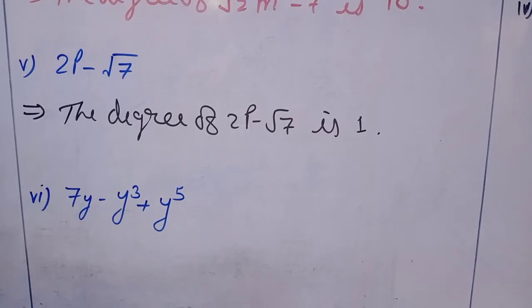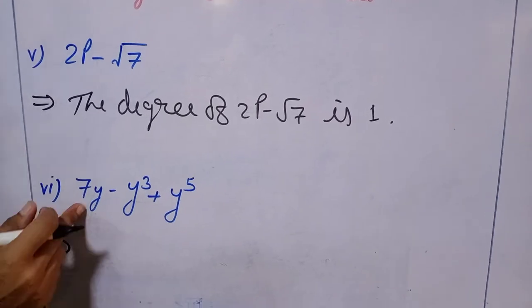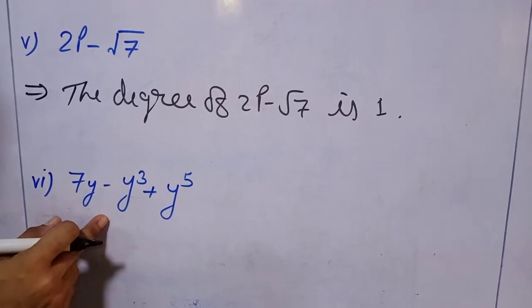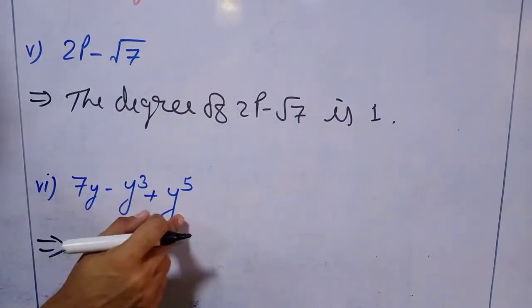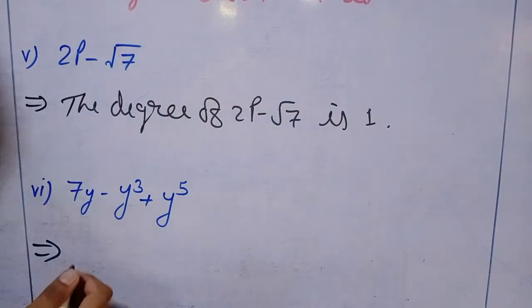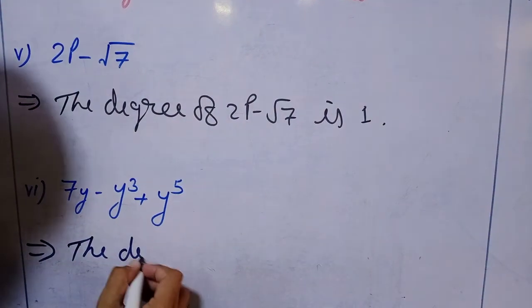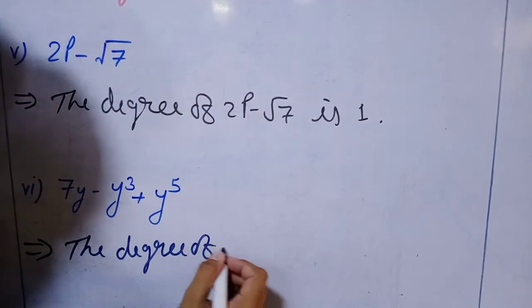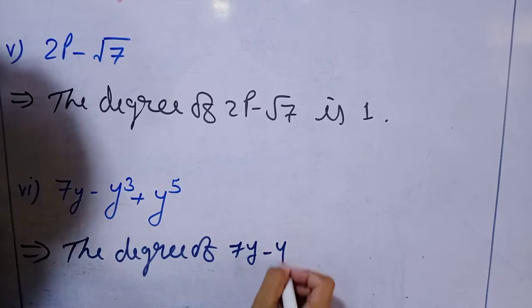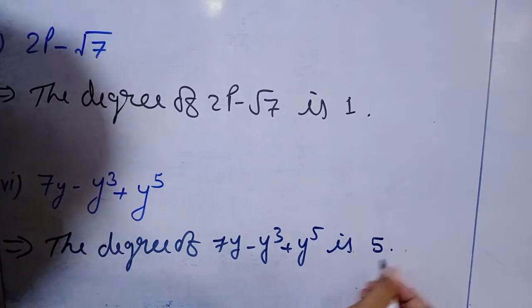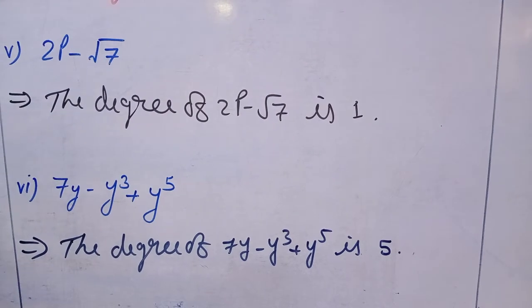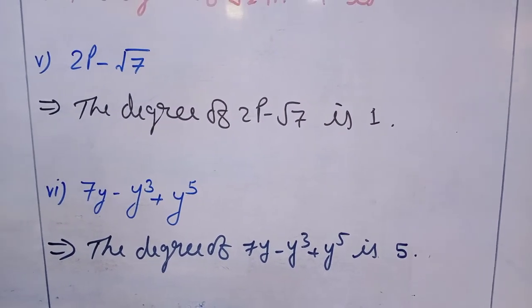In the next one, we have 7y minus y cube plus y raised to 5. The highest power of variable y is 5, so that will be the degree. So the degree of 7y minus y cube plus y raised to 5 is 5. This way we can calculate the degree of the given polynomial.